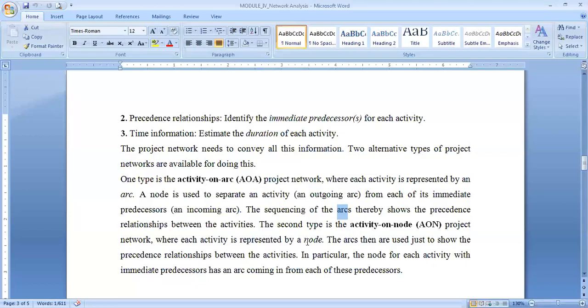And another one is activity on node, where the node or circle represents the activity. So either you represent the arc or the node as an activity. If you consider the node as the activity, it is an activity on node network. If you consider the arc itself as an activity, it is an activity on arc network diagram.